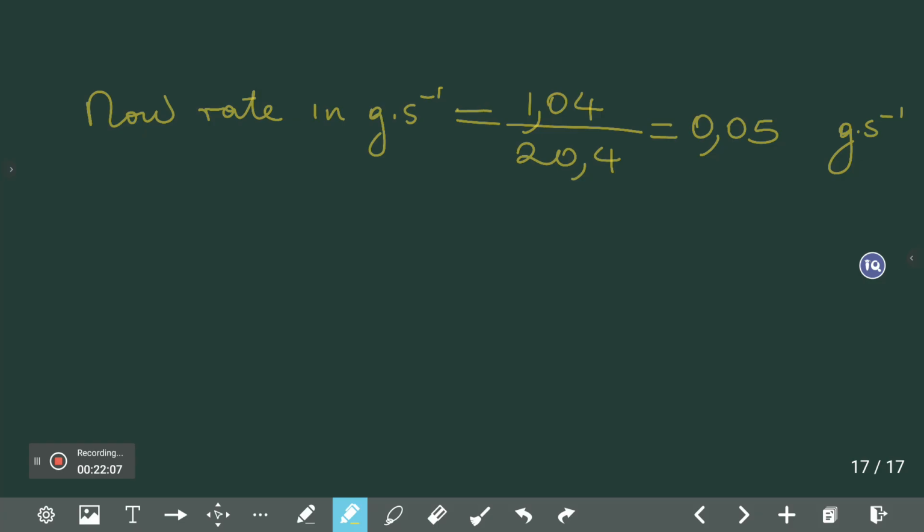Then you have your activation energy here. Let's call this one A, 20 degrees.